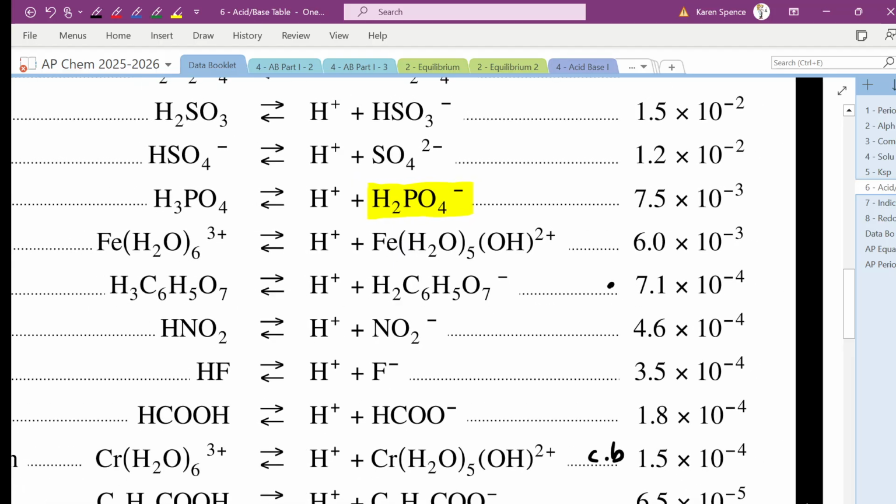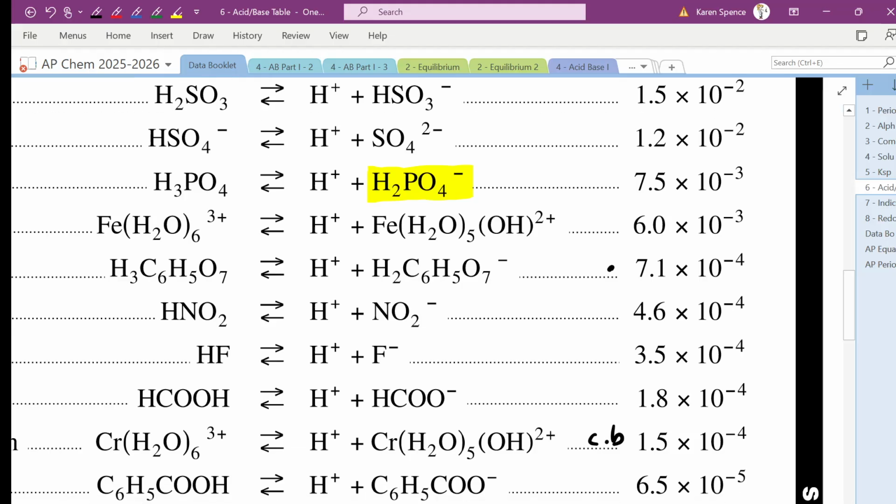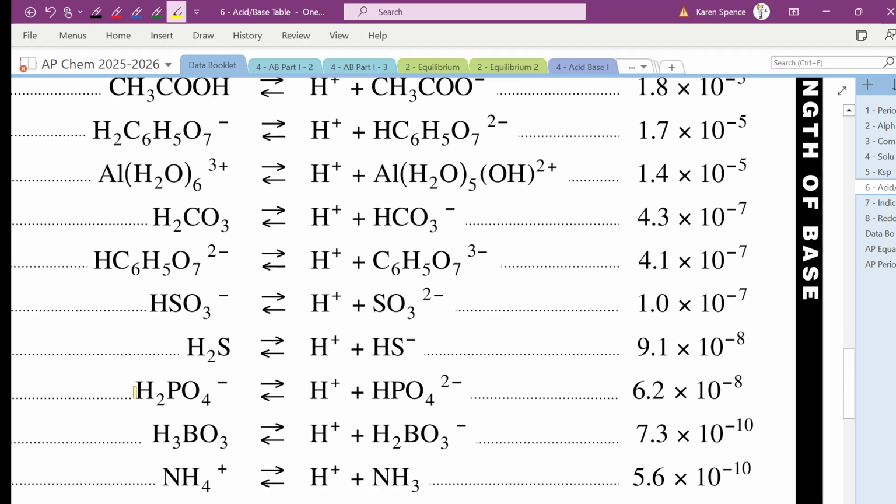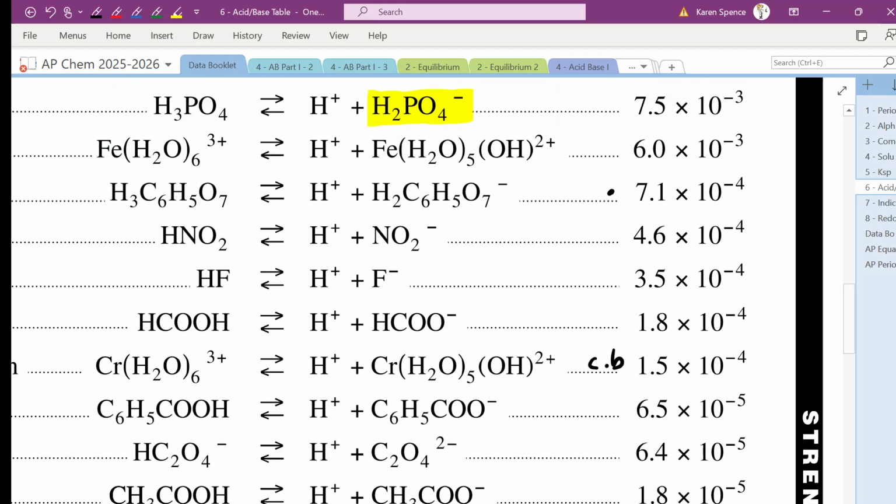We can go down further on the periodic table and we should expect to see it on the left-hand side as well somewhere. H2PO4 minus. Okay, so here it is donating a proton. Here it is accepting a proton.